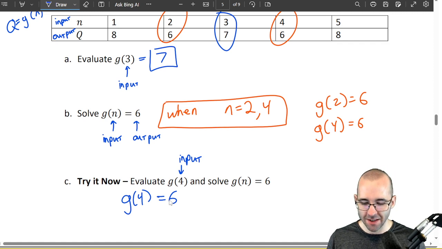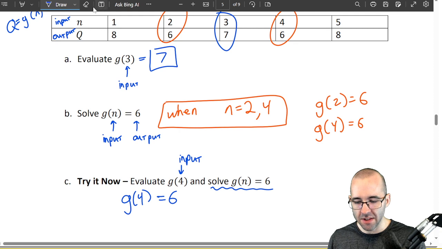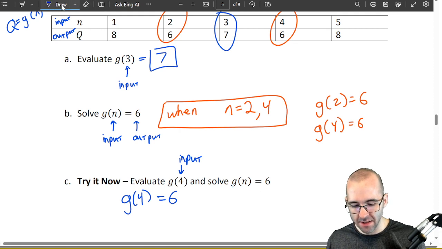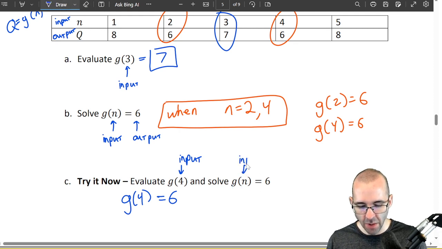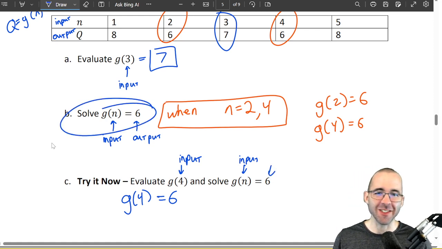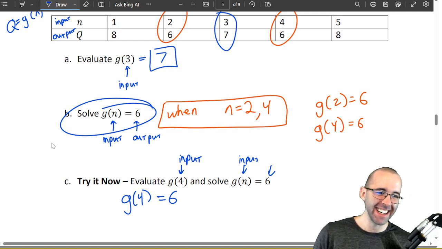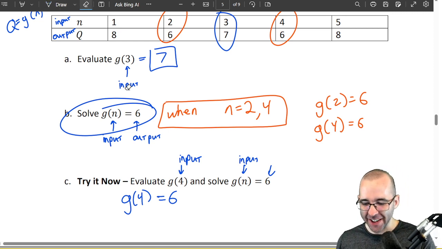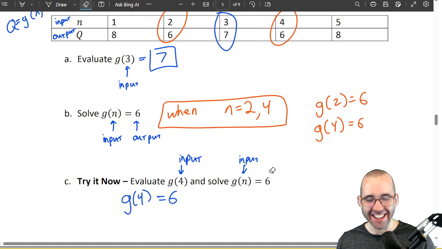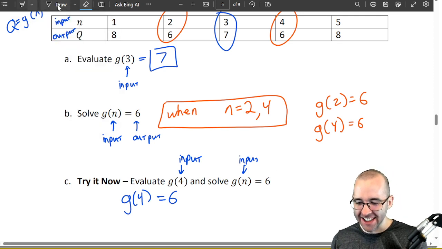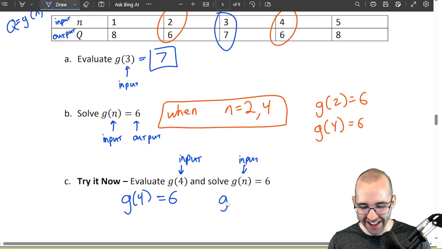That's really nice because it also wants us to solve what input gives us an output of 6. Well, we already did part of it. Wait, this is just the same as part B. Yeah, well, extra practice. And then just like before, we know that g of 2 equals 6 and g of 4 equals 6.